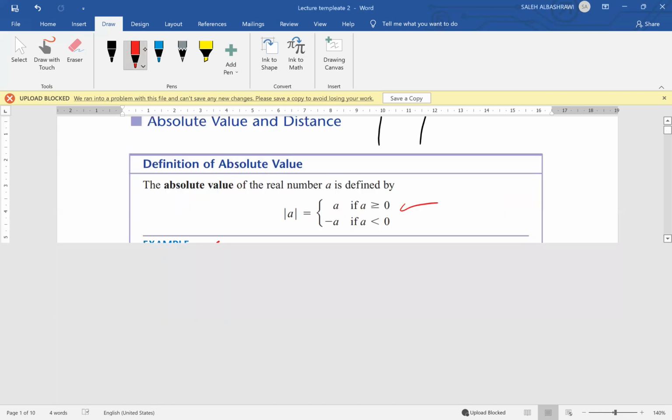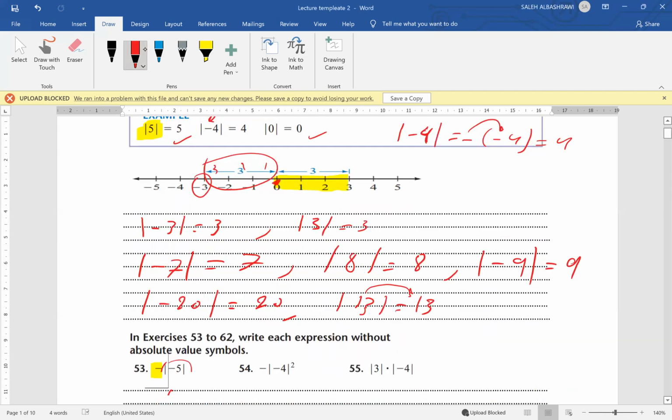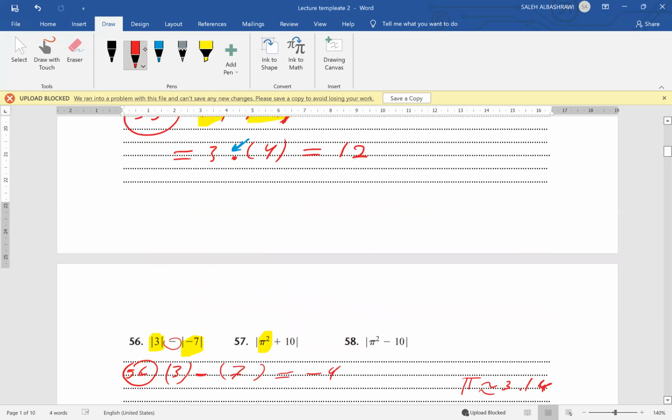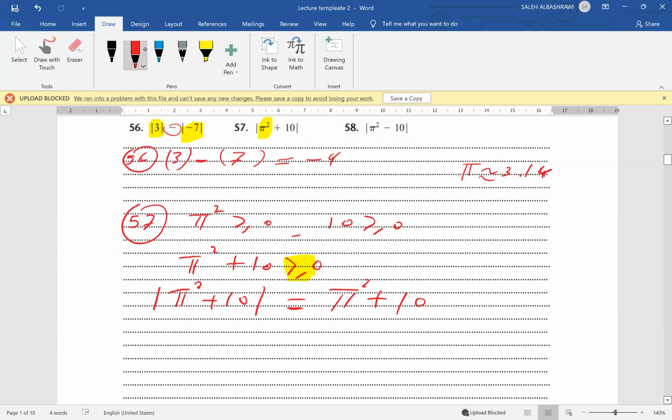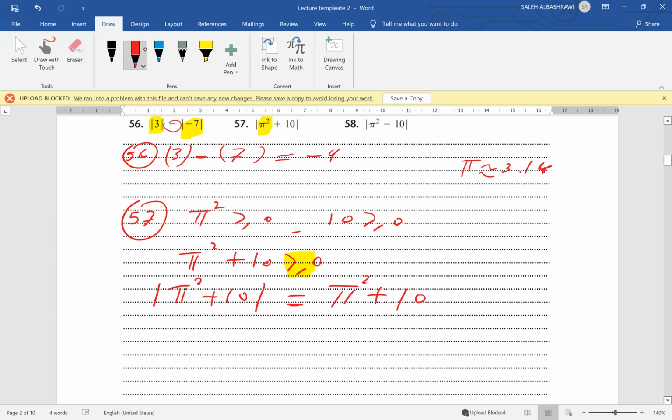We can use the calculator to check this one. Pi square is approximately equal to 3.14 squared. This is just about 9.8 something, which is less than 10.